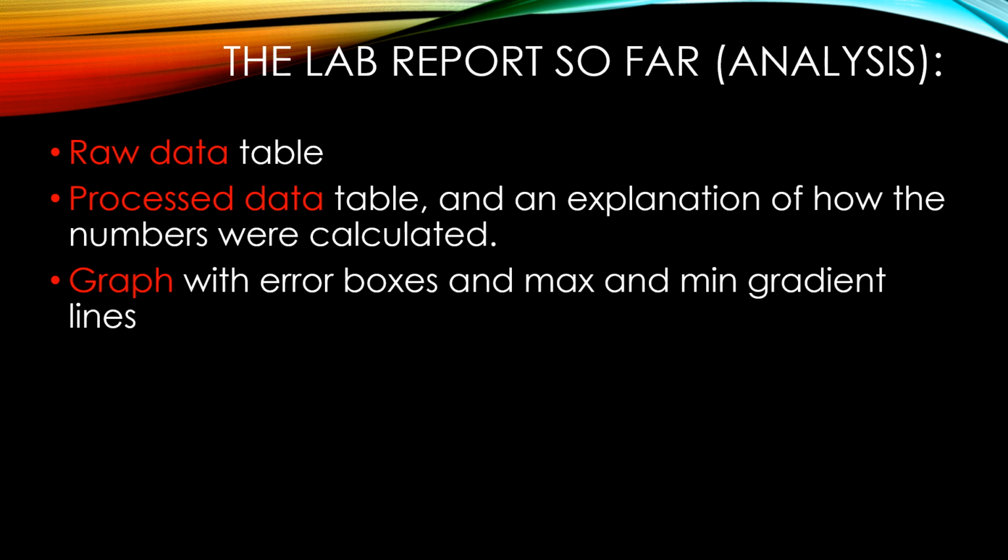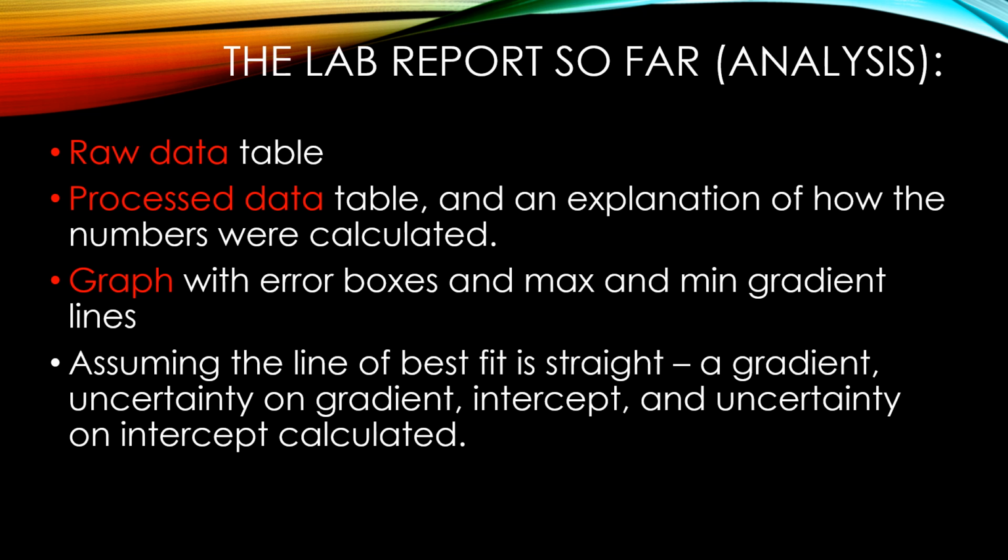The graph should have error boxes if you have errors big enough in two directions, or error bars if they're not, and that will give you maximum gradient lines. And we're going to assume that the line of best fit is straight, as you predicted. Then that will allow you to calculate a gradient, an uncertainty on the gradient, the intercept, and the uncertainty on the intercept. So this is where we're up to so far.